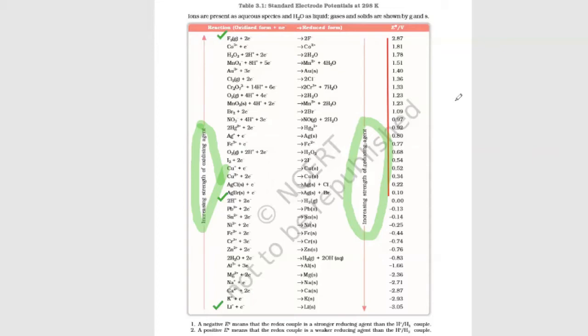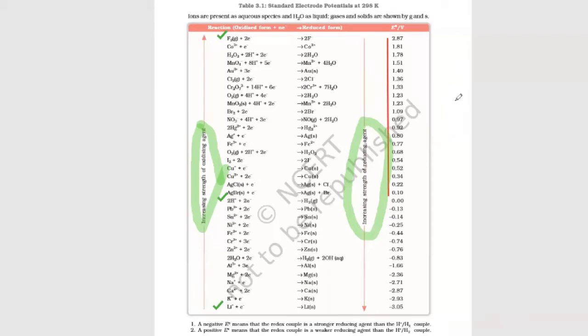And we can use these things for calculation of EMF of the cell. We can also use it to compare which of them can easily be oxidized or reduced. The tendency of oxidation and reduction, you can easily see.